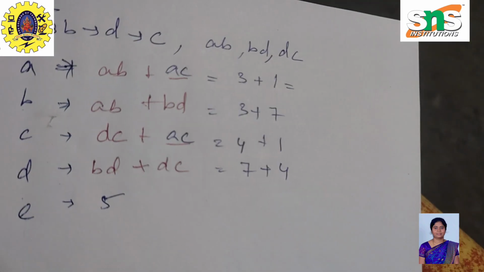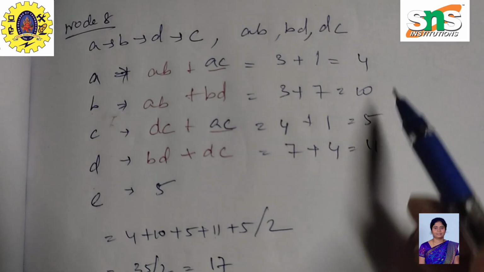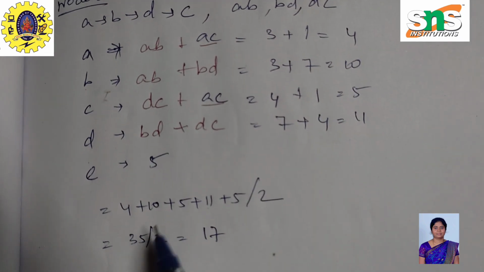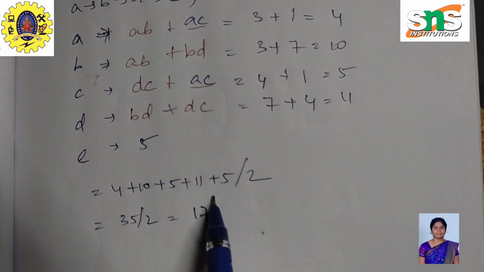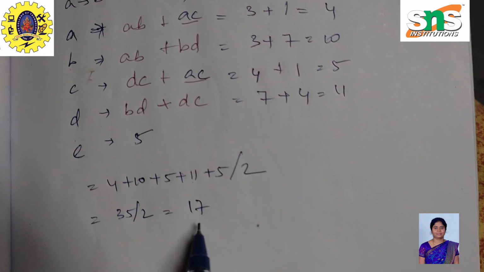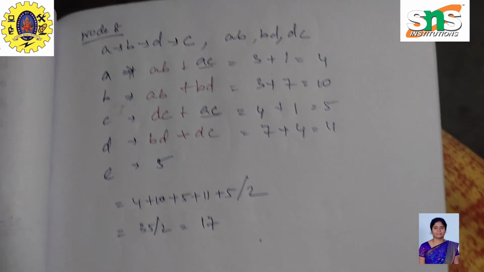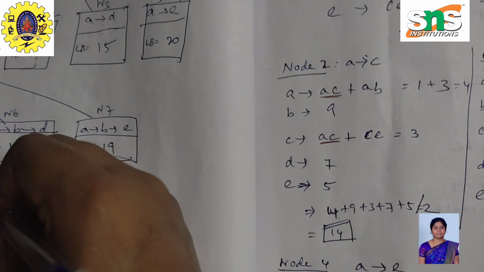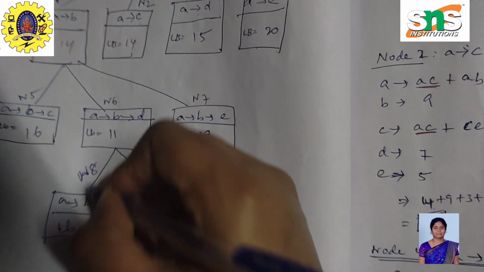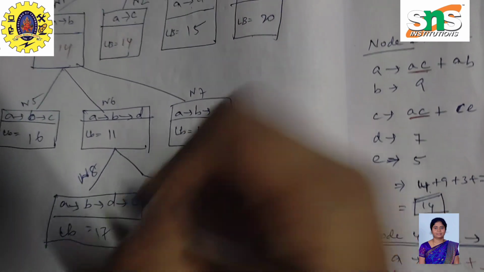So these are substituted. So after substituting the values, we totaled the values and divided by 2, and final answer is 17. Then that is filled with the node 8. So here it is node 8, it is 17.